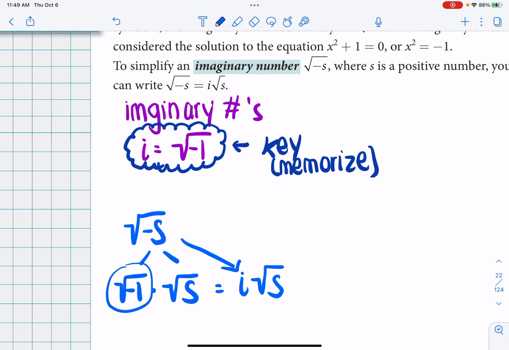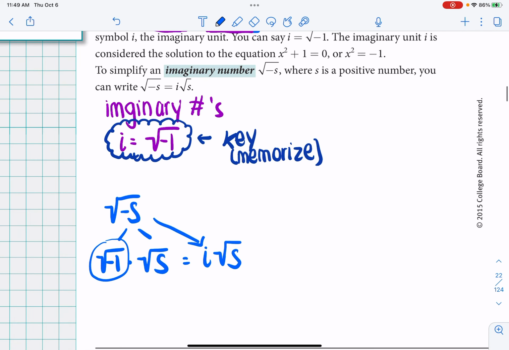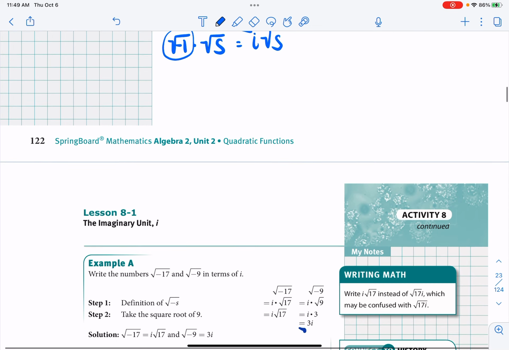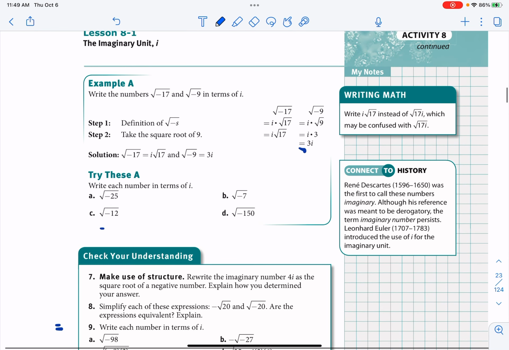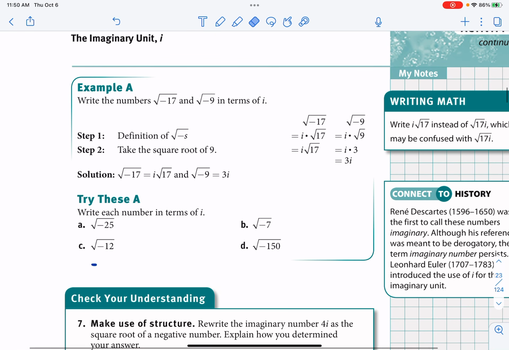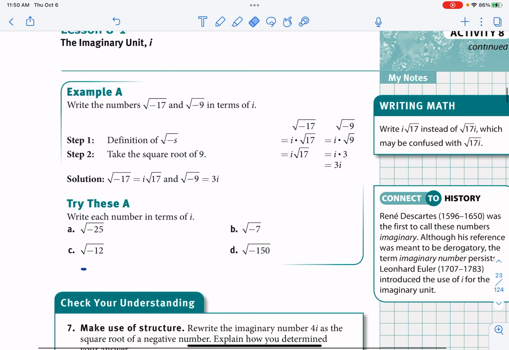Now we can use this idea of including i's in our solutions. So let's jump to the next page, which talks about writing the numbers negative square root of 17 and the square root of -9 in terms of i.